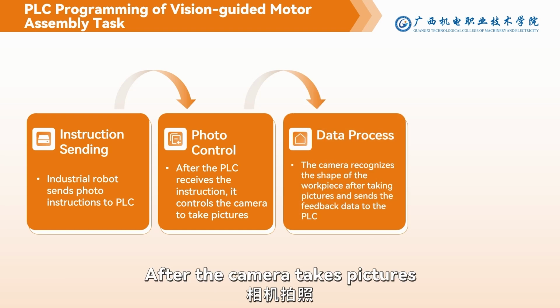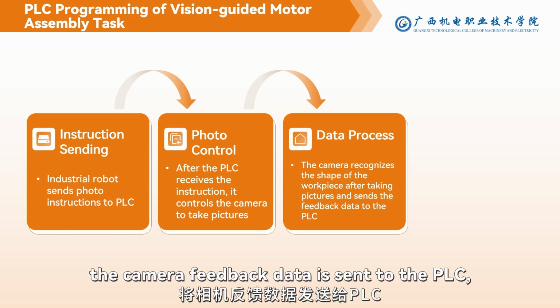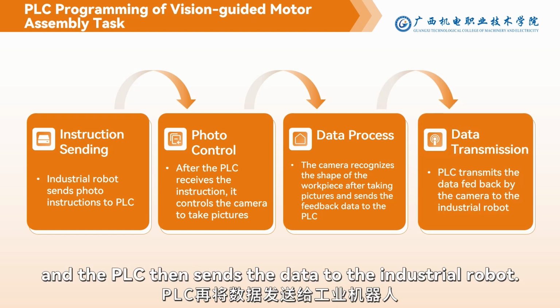After the camera takes pictures to identify the shape of the workpiece, the camera feedback data is sent to the PLC, and the PLC then sends the data to the industrial robot.